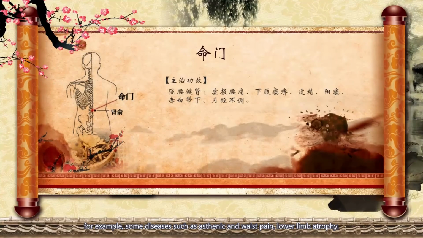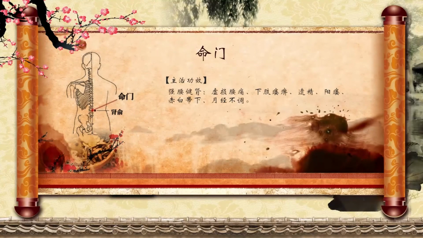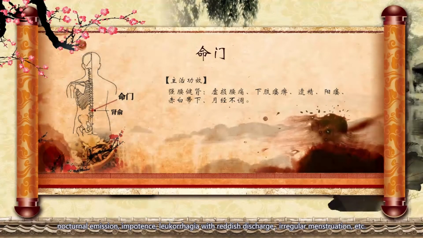For example, some diseases such as asthenia and waist pain, lower limb atrophy, nocturnal emission, impotence, leukorrhea with reddish discharge, irregular menstruation.